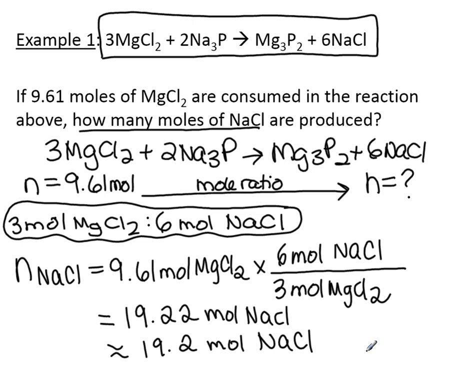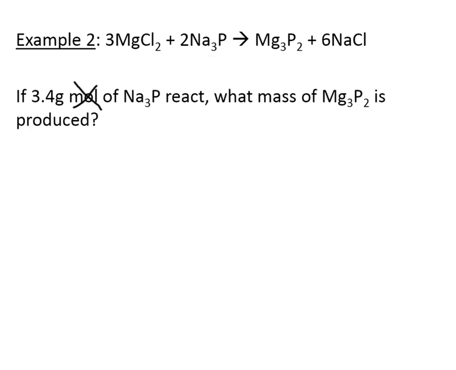So let's try out another problem, adding in a few more steps. So we want to find out how many grams of magnesium phosphide is produced when 3.4 grams of sodium phosphide react. So we're going to do the same thing. Always rewrite your equation.